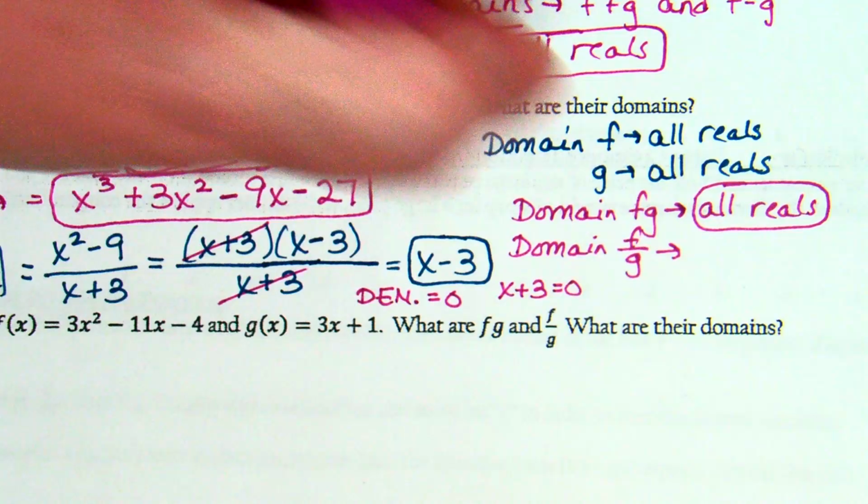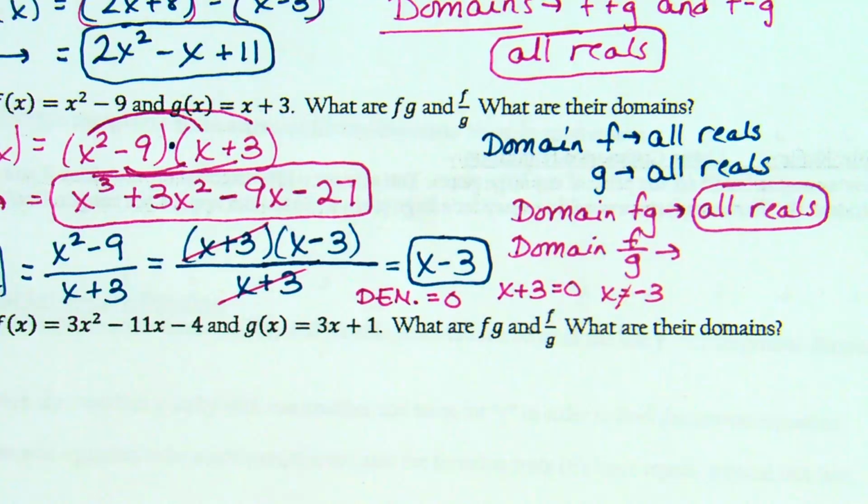Which, because that was a denominator value, what we're really saying is that x cannot equal negative 3 in this problem. And so for my domain for F divided by G, I'm going to say all reals except x equals negative 3. All reals except x equals negative 3.